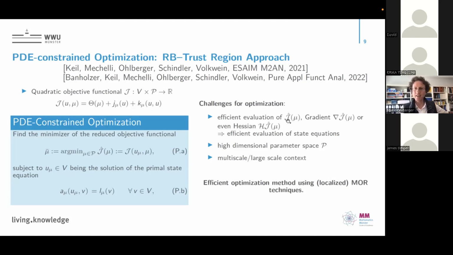And the idea is that we use model order reduction to speed up this process. In particular, the task is that we get fast evaluation of such approximate functional, gradient or Hessian evaluations. So that's what we want to do.